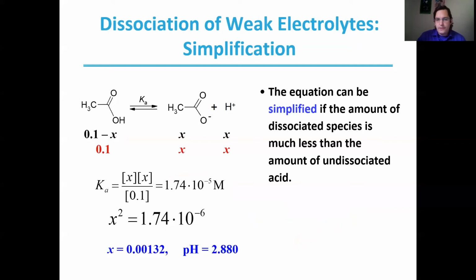So these sorts of calculations can show us how the addition of weak acids will affect the pH of our aqueous-based solutions. Now, of course, this is very important in biochemistry because we have a lot of different organic compounds, like our acetic acid here, that act as weak acids or weak bases.